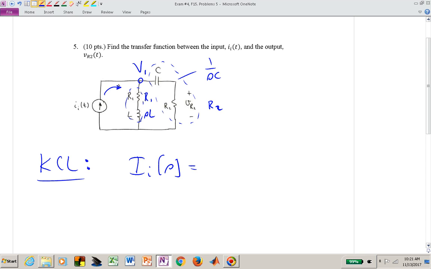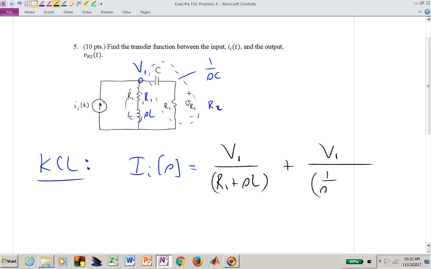I'm doing the Laplace transform sort of in my head of all of these quantities. That's now equal to the two currents flowing out of that node, which we have V sub 1 over R1 plus SL, that's the current going vertically down the middle branch, plus V sub 1 over the impedance in the rightmost branch, which is 1 over SC plus R sub 2.